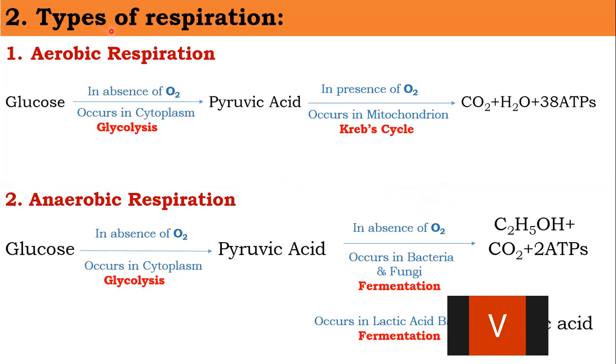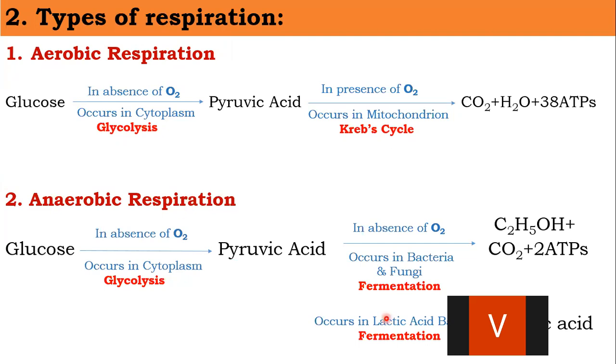What are the different types of respiration? Now, the types of respiration are based on whether there is involvement of oxygen into the respiratory process or there is no involvement of the oxygen. That means whether the oxygen is present in the respiration or it is absent in the respiration. On the basis of that, the respiration is divided into two types, that is aerobic respiration and the second one is anaerobic respiration.